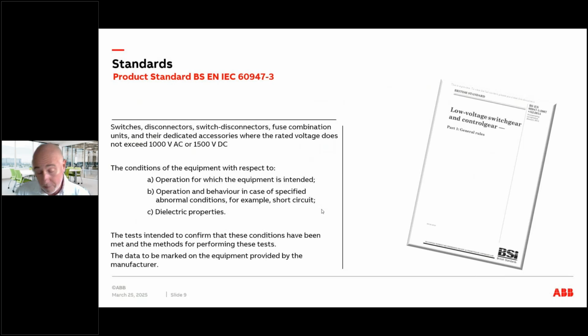In this case, it's switches, but that can apply to contactors and indeed circuit breakers, as we'll show later on. So what it's stating is that all the subcomponents must, in their own right, comply to the relevant standards within that product range.